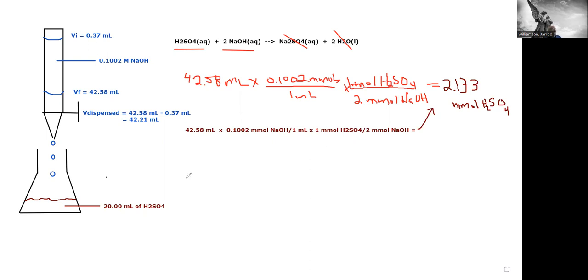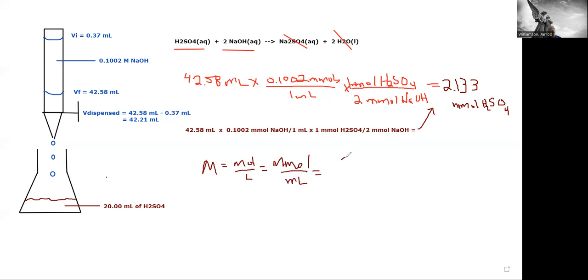But I wanted to know the original concentration. To get the original concentration, molarity is moles per liter, but that's the same thing as millimoles per milliliter.